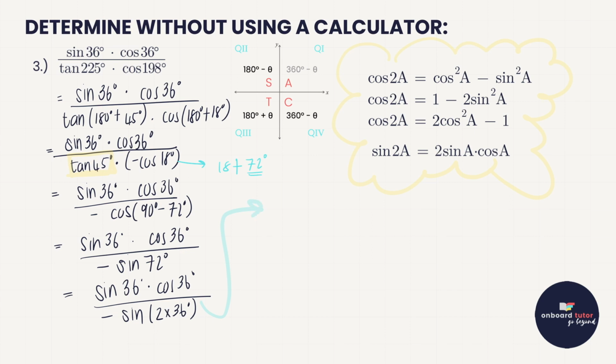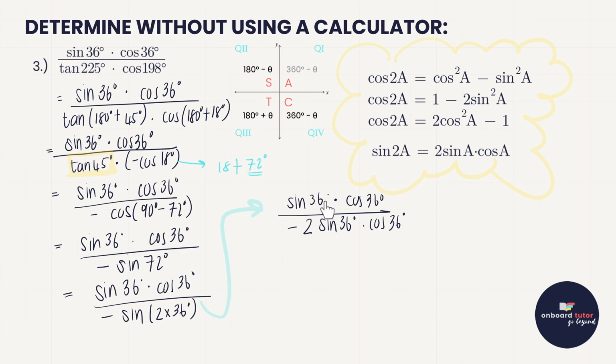And so what we're going to do now is say, well, sine 36, haven't done anything with it yet, times cos 36 over minus, and then we're going to expand this now, 2 sine 36 cos 36. Okay, that's fantastic news.